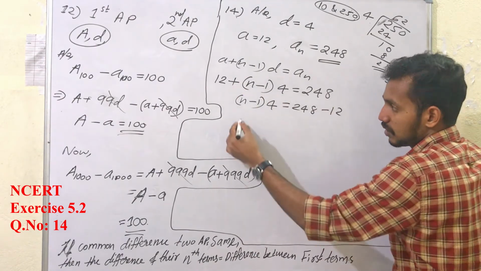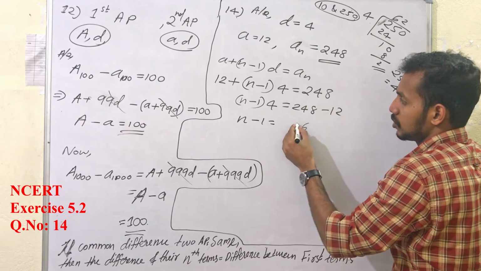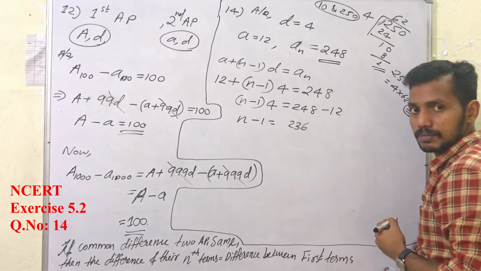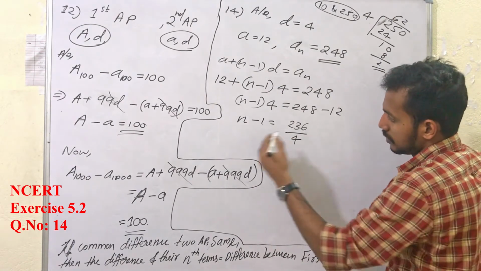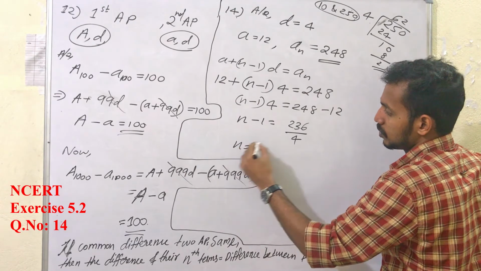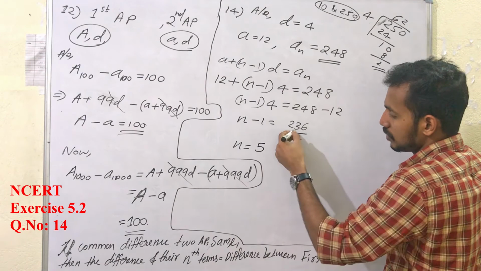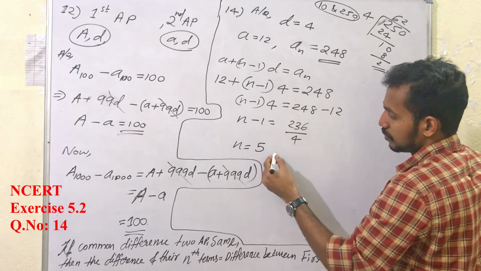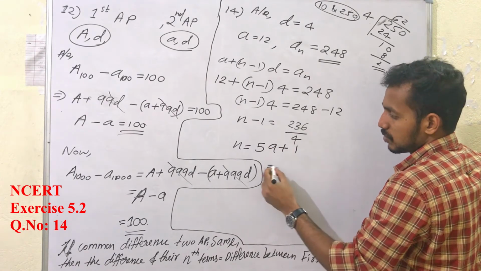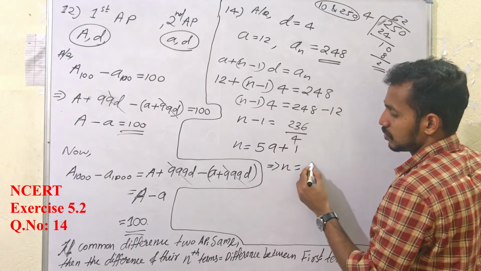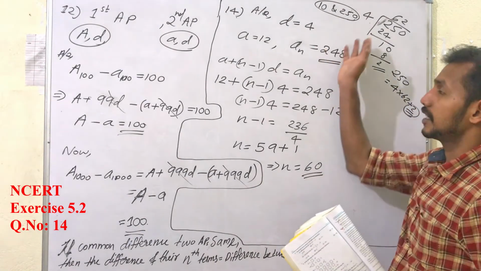So n minus 1 is equal to 236 divided by 4, which is 59. Then minus 1 becomes plus 1, so n is equal to 60. So there are 60 multiples of 4 between 10 and 250.